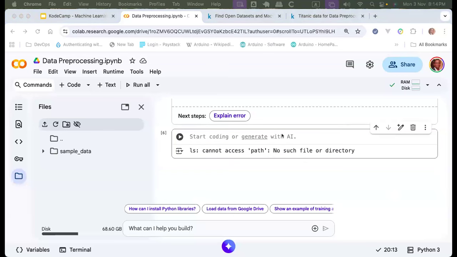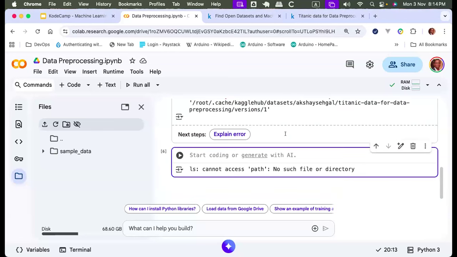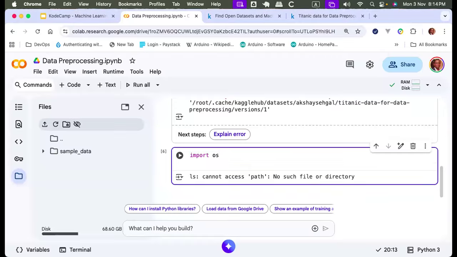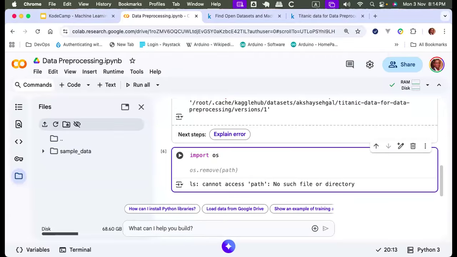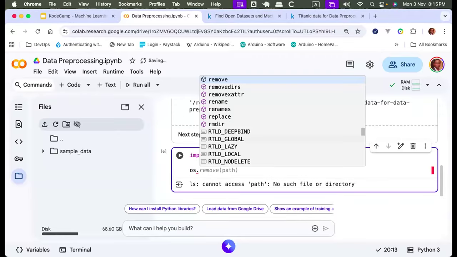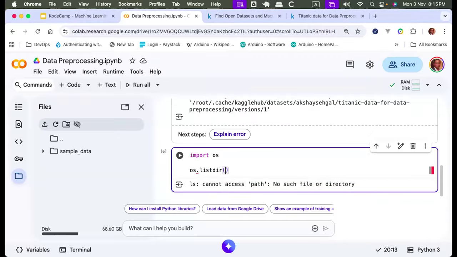OS is the Python library that allows you to interact with the operating system. That's why it's called OS. So one of the things you can do is access files, view folders and all of that. So I want to just see what is in there. So I'll do os.listdir and I'll specify the path.